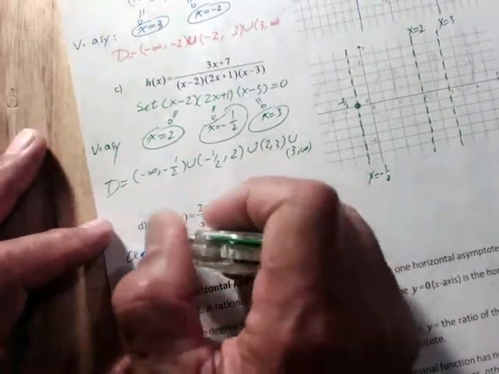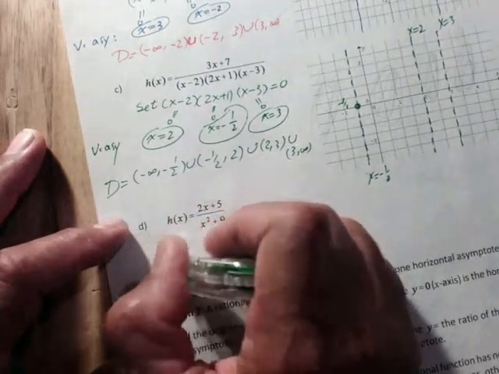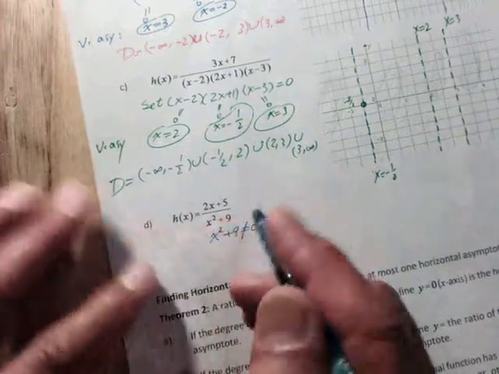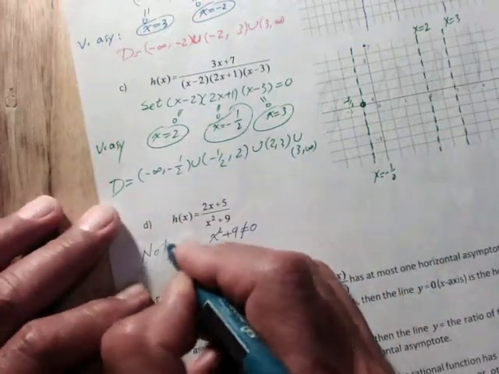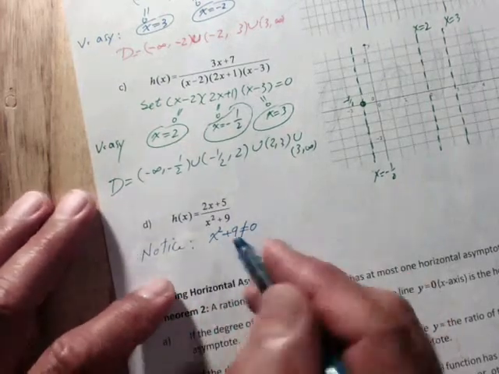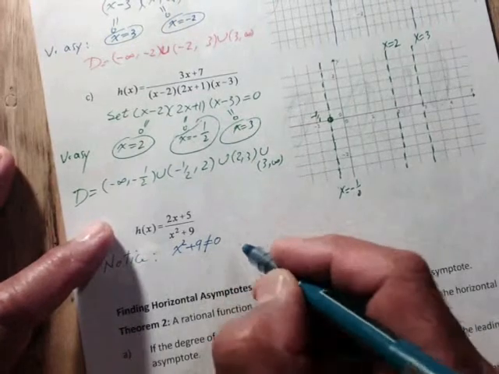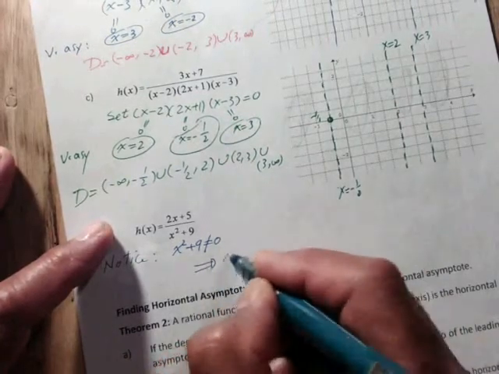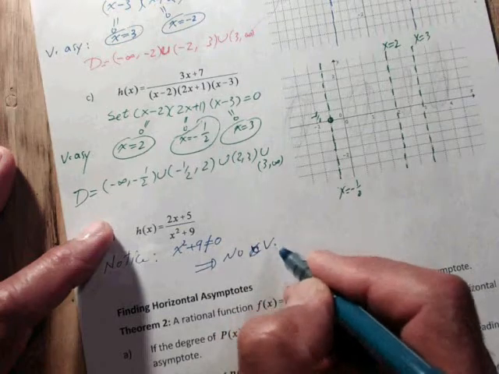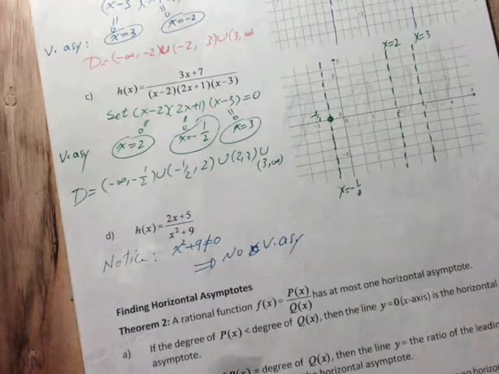This one too. Okay. Notice x squared plus 9 is never 0. So that means no vertical asymptote.